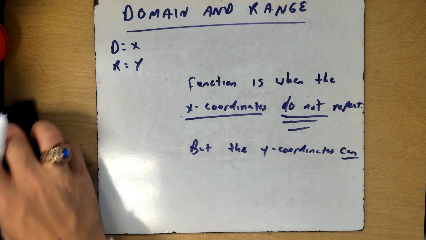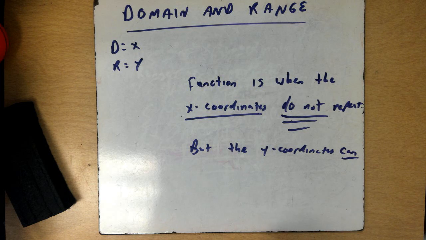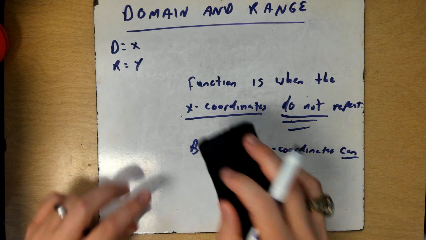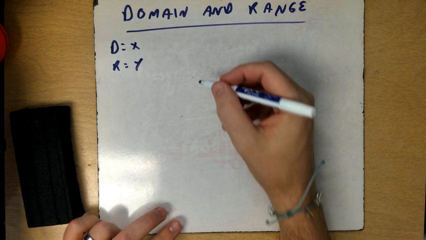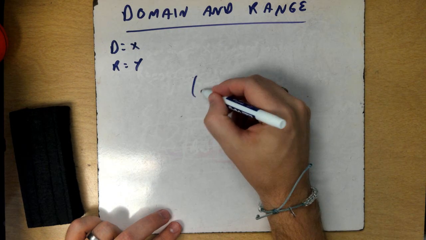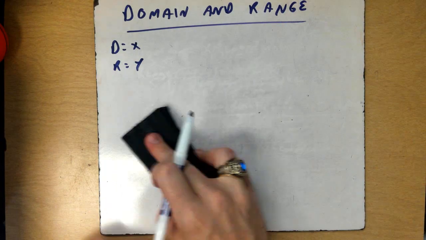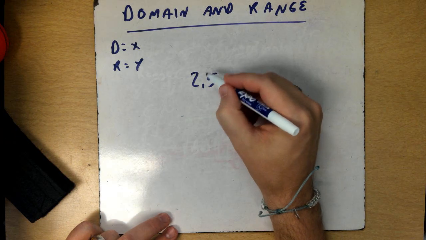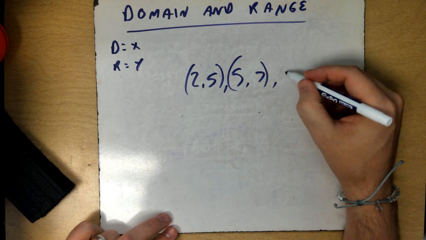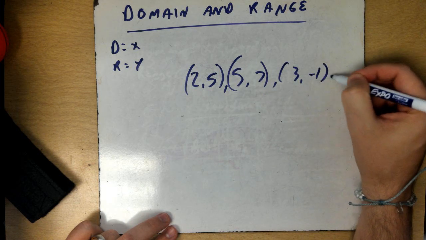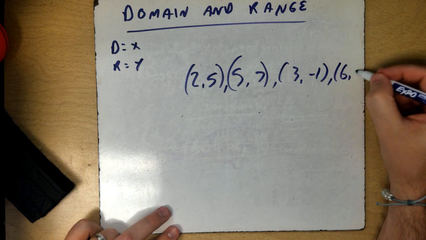Let's say I have a set of points, a set of data: (2, 5), (5, 7), (3, -1), and (6, 5).